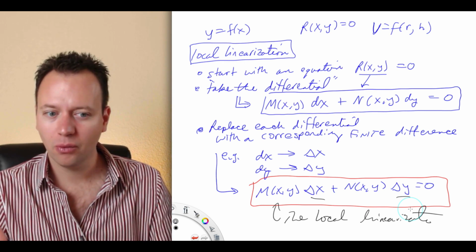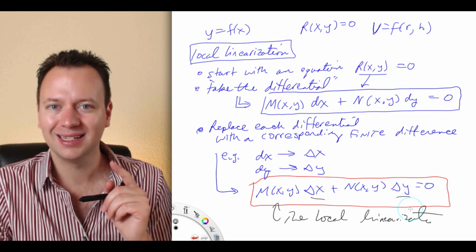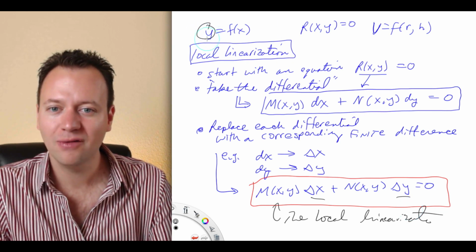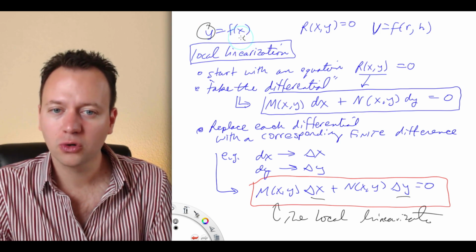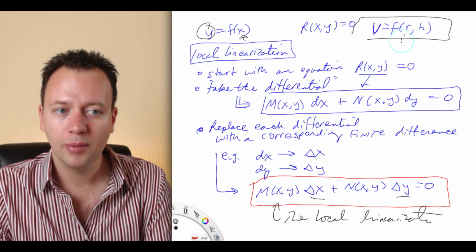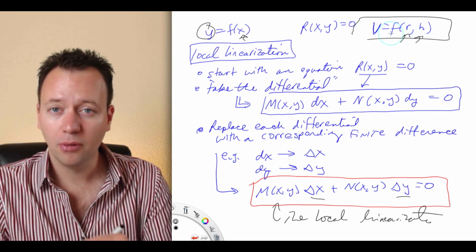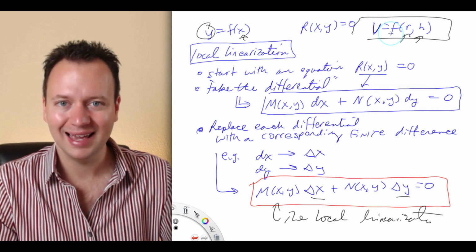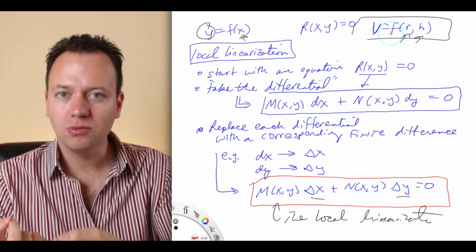So you're always going to have differentials for the single dependent variable and the differential of your independent variable, or in the case of the volume of a cylinder, you might have two independent variables. Both the radius and the height can vary independently, and the volume depends on both.